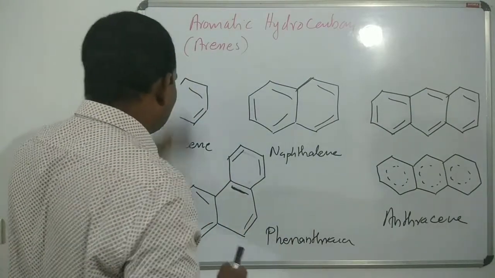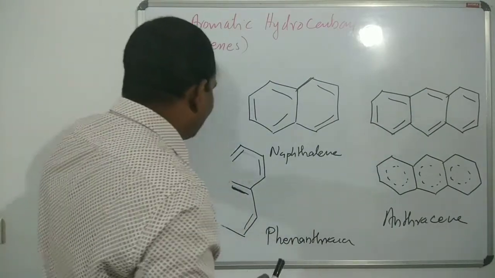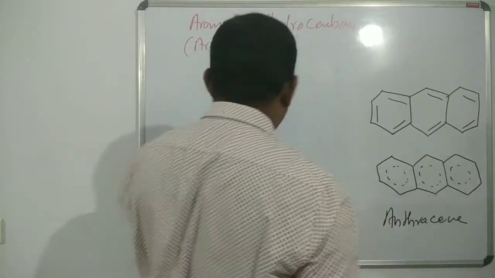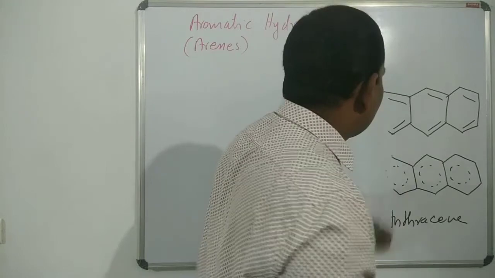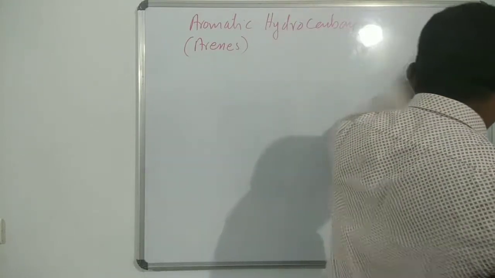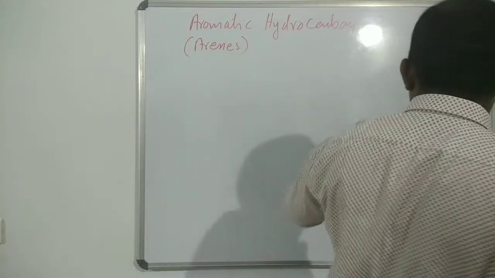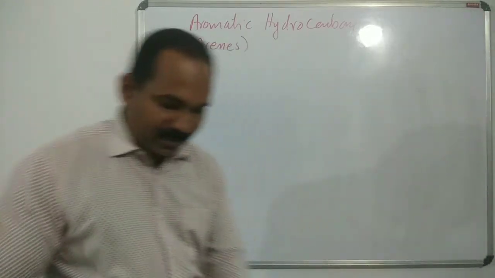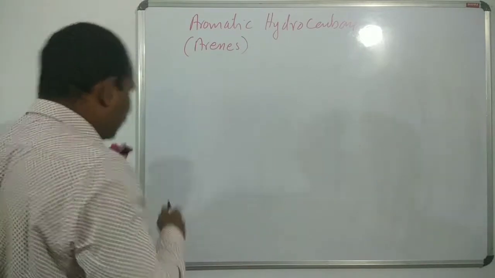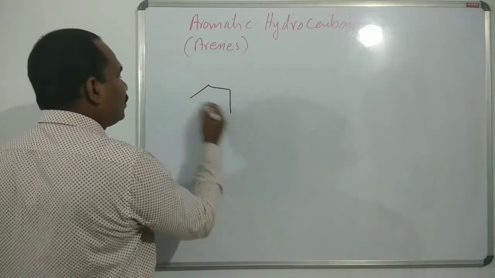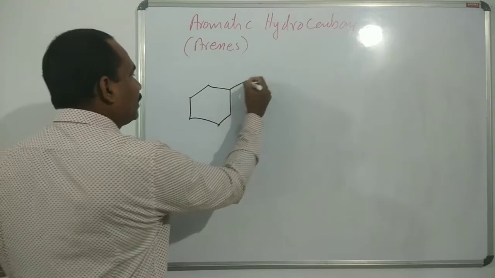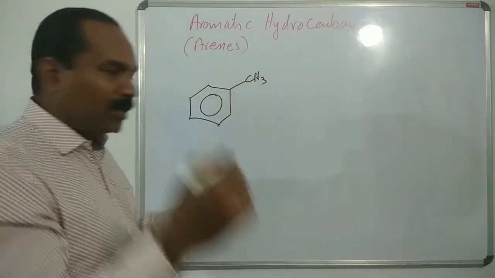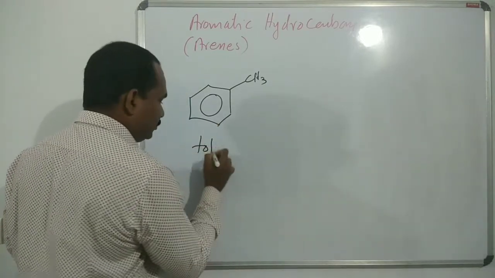Next we discuss substituted benzene. Alkyl groups or phenyl groups are substituted in the benzene ring. If a methyl group is substituted, you know that it is toluene. The benzene ring with a methyl group attached, you can draw it with a circle or alternate double bonds, it is toluene.